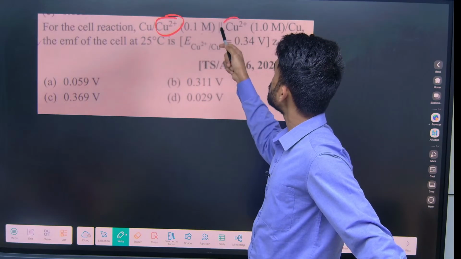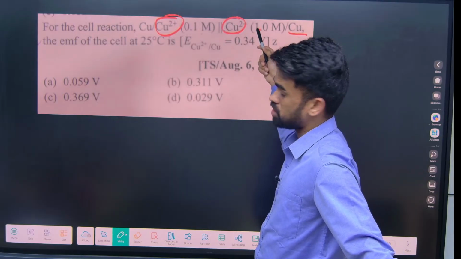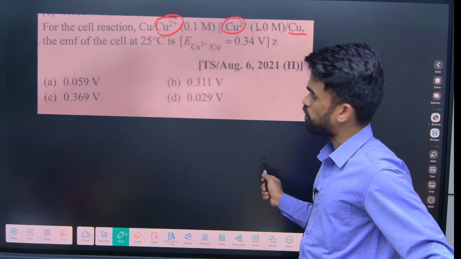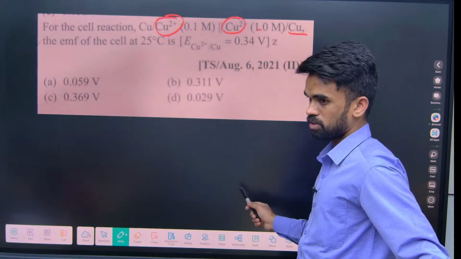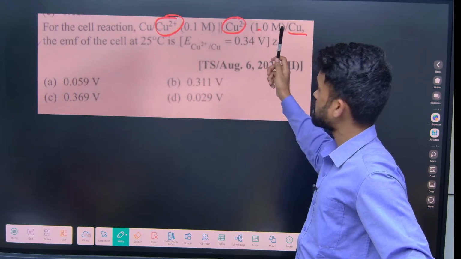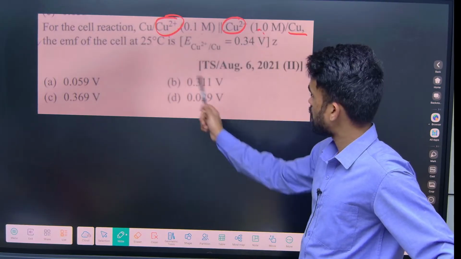And here Cu plus 2 ion is converting into Cu metal, so this is the reactant side concentration. So you will get E cell equals E naught cell minus 0.059 by 2 electrons, so 2, log concentration of product by concentration of reactant. Just put those values in that and you will get one of these options.